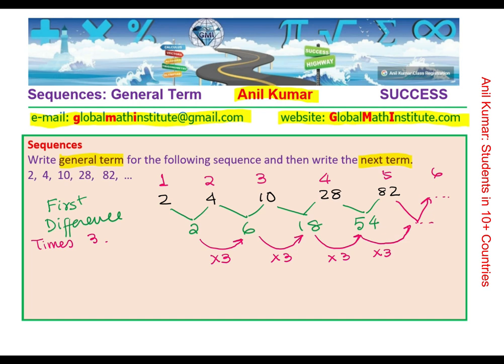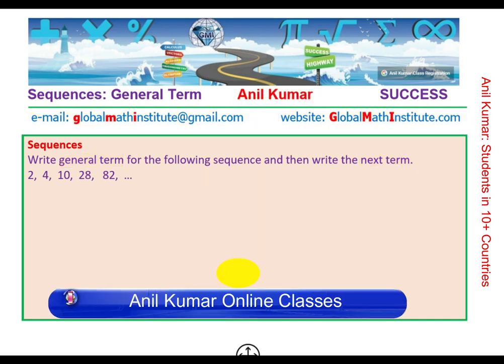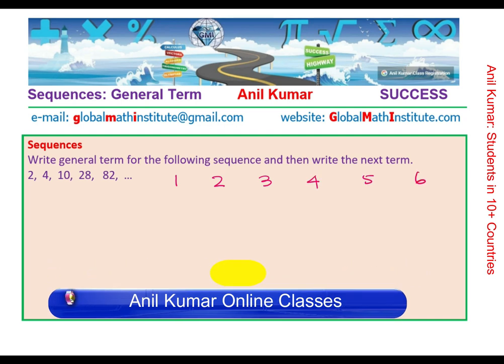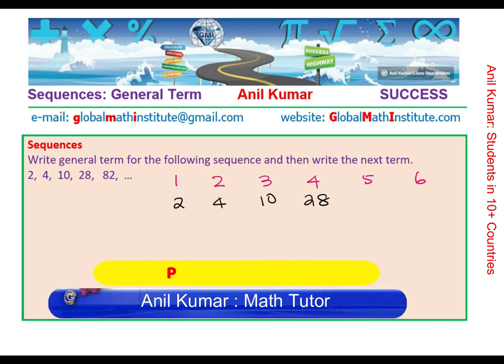Let's go to a new page. Once again, I'm writing down this sequence for you: 1, 2, 3, 4, 5. We want to write the sixth term. The sequence is 2, 4, 10, 28, 82.